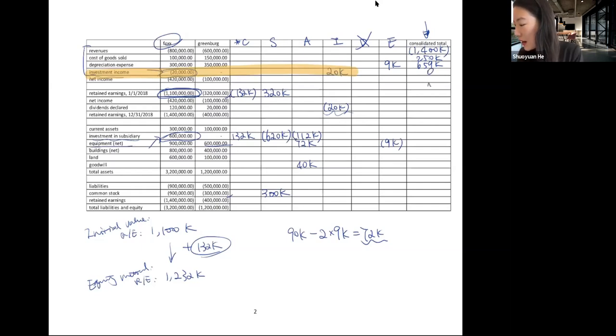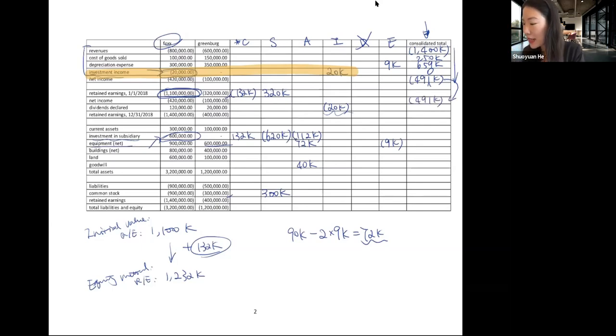And then net income, we add up everything vertically. So that adds up to 491,000. And this 491,000 is carried over to the statement of retained earning, to here, 491,000.